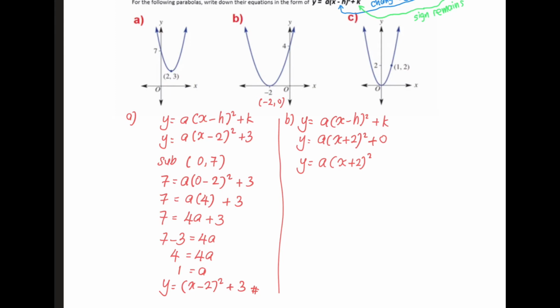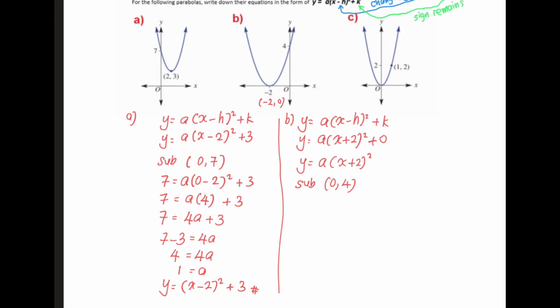And then we want to find a. So again, we make use of the y-intercept. This is the y-intercept, 0, 4. So we substitute 0, 4, and we have to find the a.